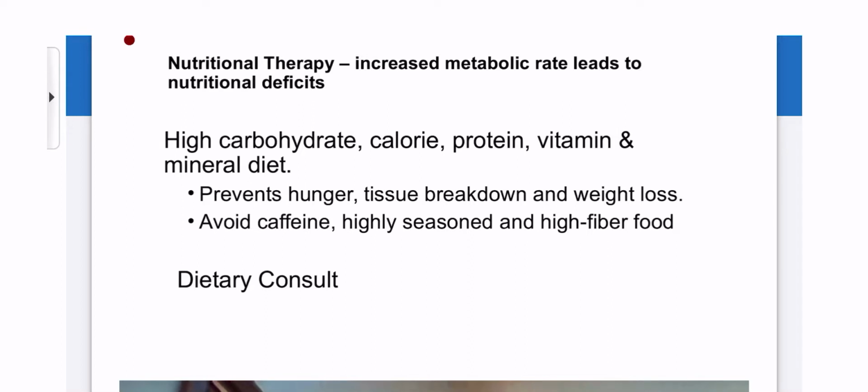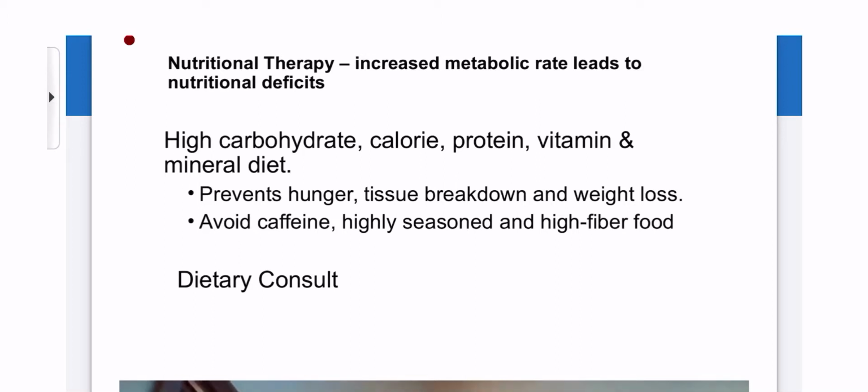Nutritional therapy is large for the nursing care part because, as we mentioned, the metabolism is racing. And so it's very important that we're monitoring and make sure that they're getting adequate carbohydrate, calorie, protein, vitamin, and mineral diet.